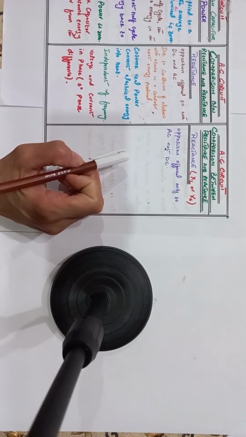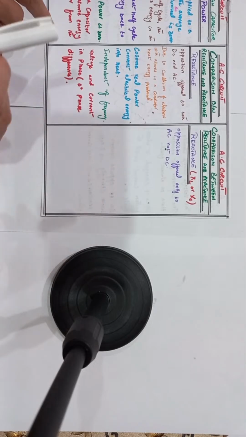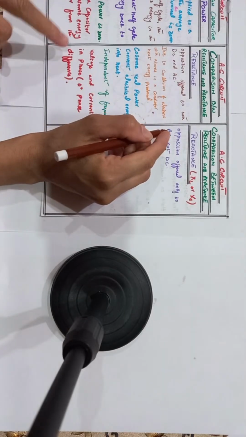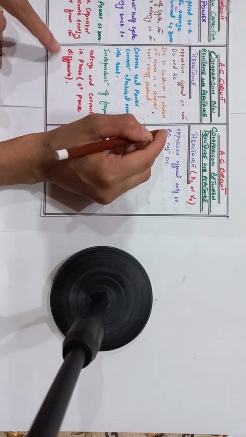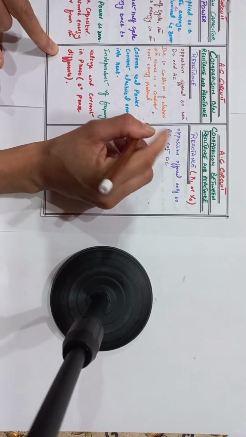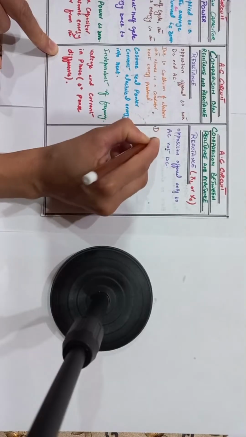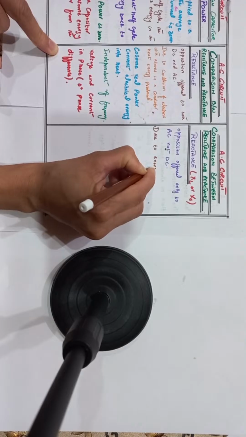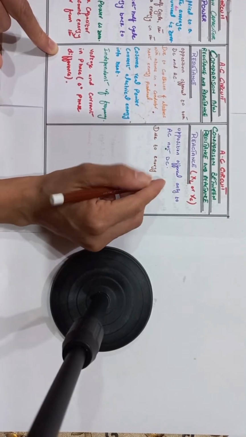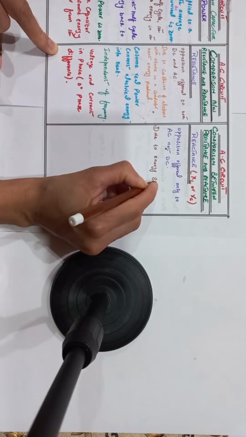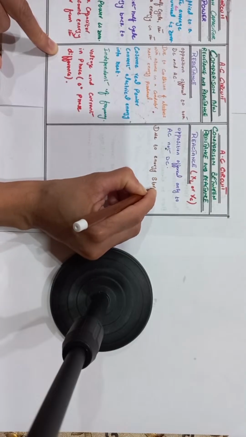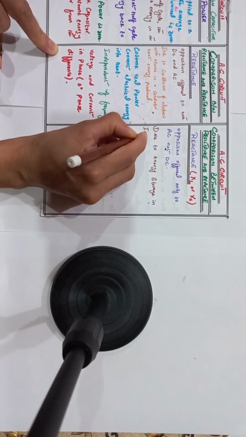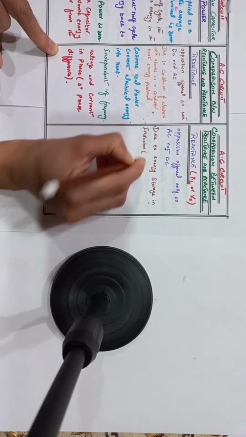Second point we write about that is due to energy storage. In the inductor, energy is stored in the magnetic field, and in the capacitor, energy is stored in the electric field.